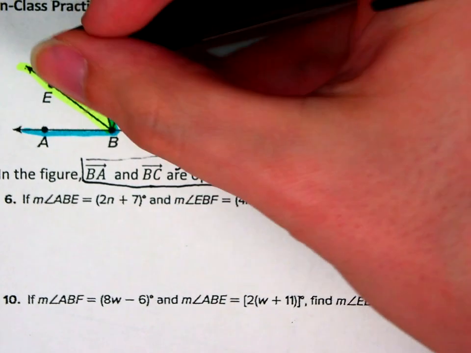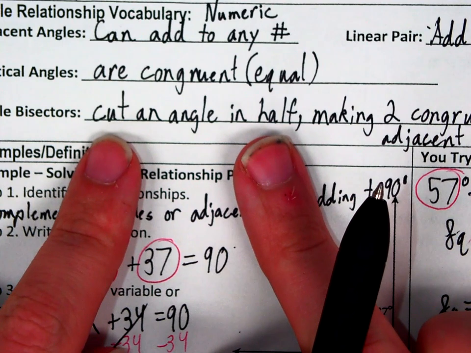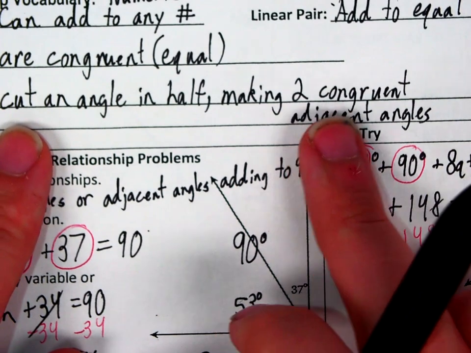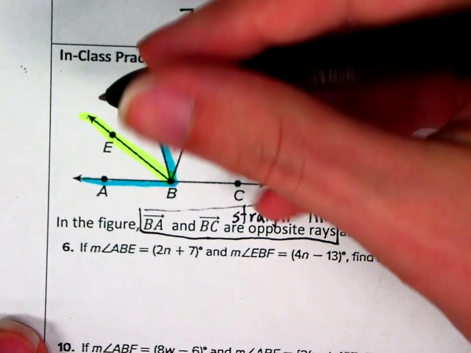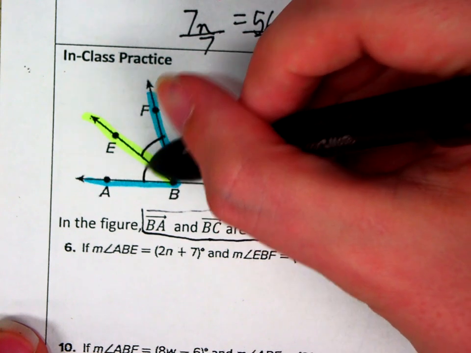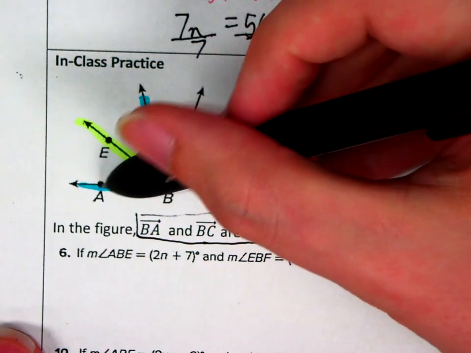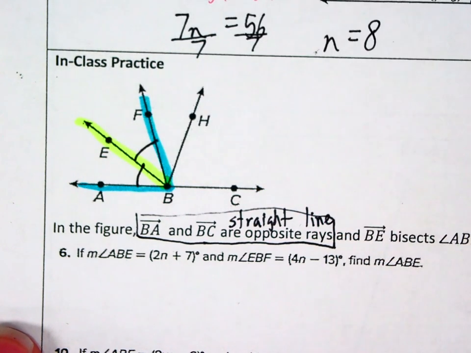From our definition of an angle bisector, it's going to cut the angle in half, making two congruent adjacent angles. These two angles here are going to be the same size. ABE is going to be congruent to EBF.